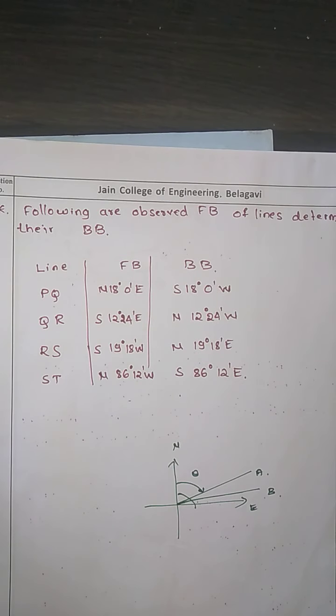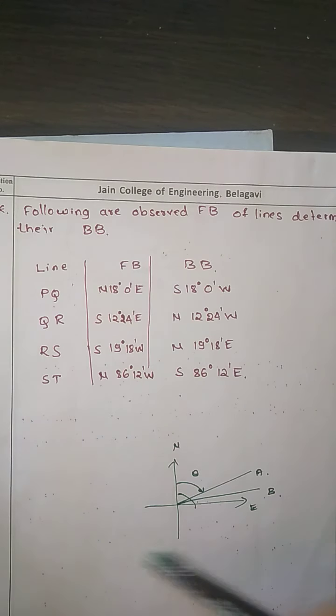So this is how you are going to convert the quadrantal bearing system: if the fore bearing is given, you are going to determine the back bearing in the quadrantal system. This is how directly you need to convert: the opposite direction, you need to add it.